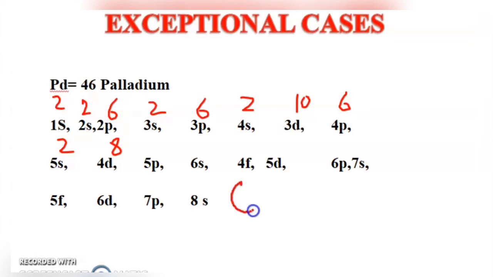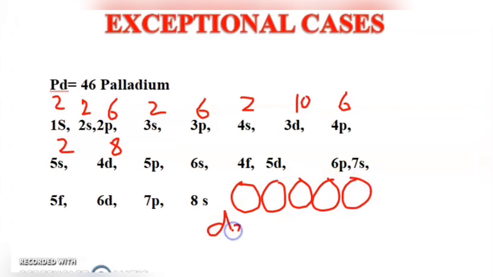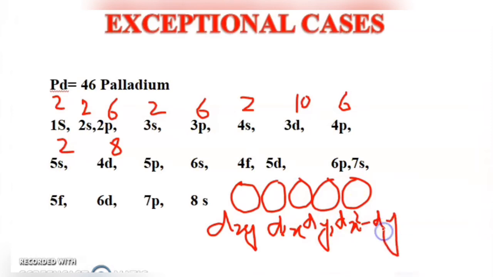5 orientations of d orbitals are there: 1, 2, 3, 4, 5. This is dxy, this is dzx, this is dyz, this is dx square minus dy square, and this last one is dz square.